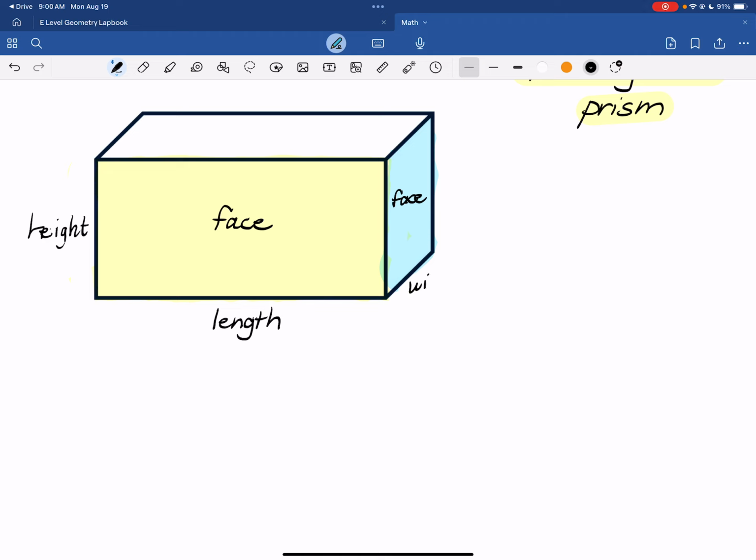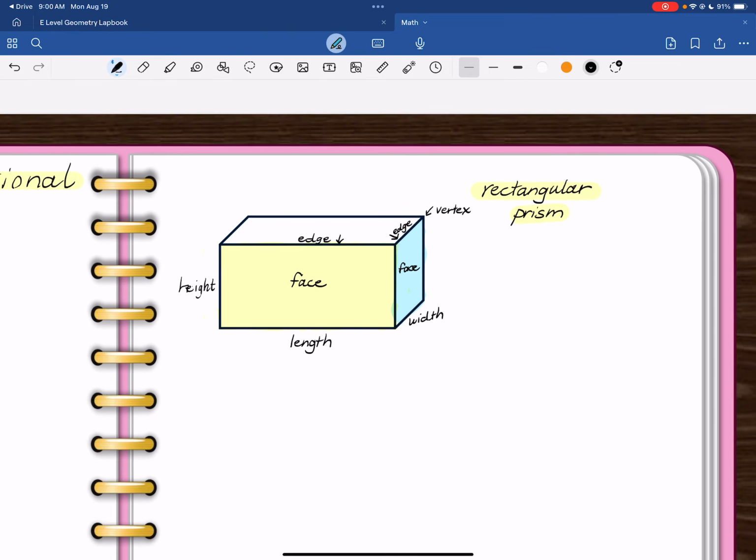That's showing me the width. So here's a vertex. All of them would be vertices. Face, face, and here is an edge where those surfaces, those faces come together. Here's an edge. Rectangular prism.